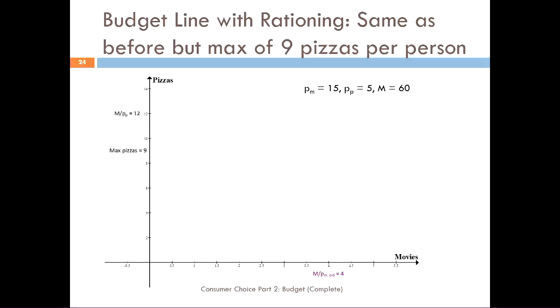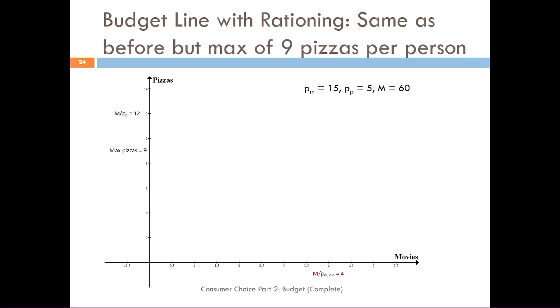Any idea? I feel like the budget line will be the same, but there's going to be a vertical line or a horizontal line based on the constraint, like how much you can get. So where's the horizontal line then? Maximum 9 pizzas.